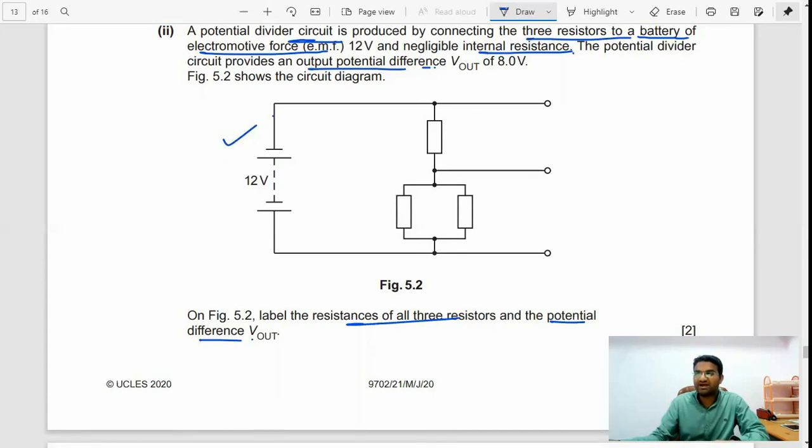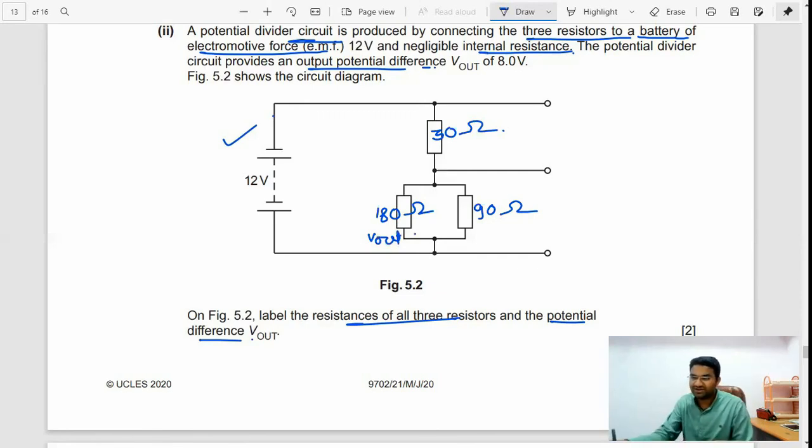In the parallel connection, we put 180 ohm and 90 ohm, and then we are left with 30 ohm, right? And we have to show V out of 8 volt across the two resistors in parallel, isn't it? We can label here V out across the parallel combination. Fine.